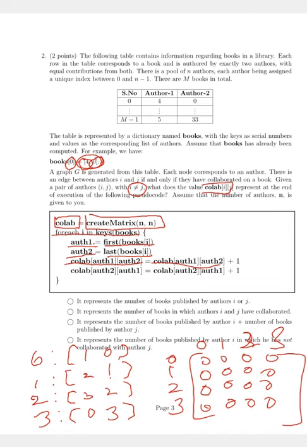So anyways, this iterator I goes through each of these keys in this particular dictionary. Say this is a dictionary, and it iterates through it, and we see that for each key we take author 1 to be the first author and author 2 to be the second author.